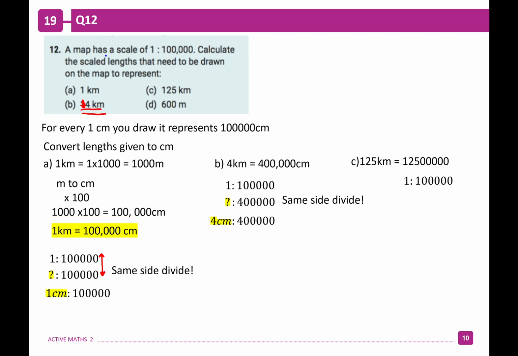Then write down the ratio that you're given. From here, write down what you know and your unknown. If your values are on the same side, to find your unknown, you divide them into each other. That's 125,000 divided by 100,000 gives us 125 centimetres. Please pause and take down this example.